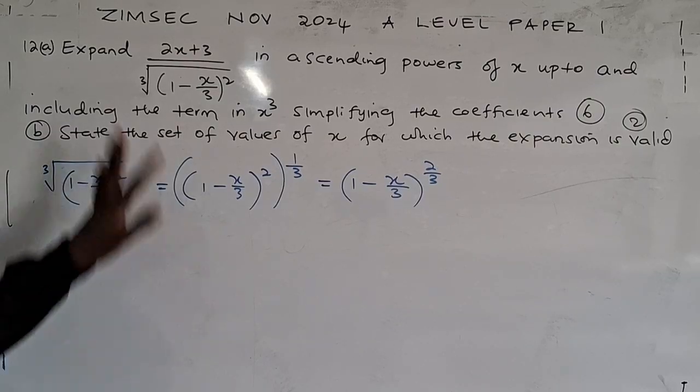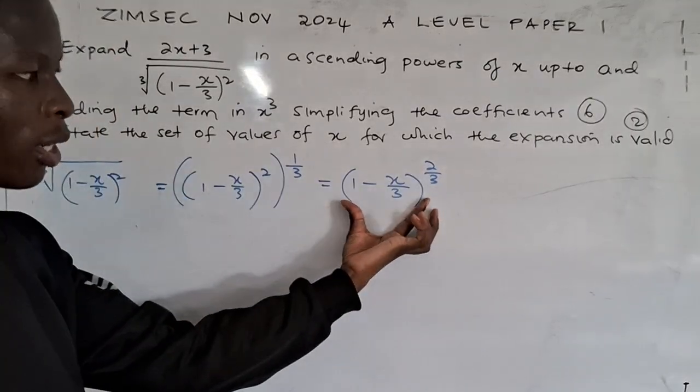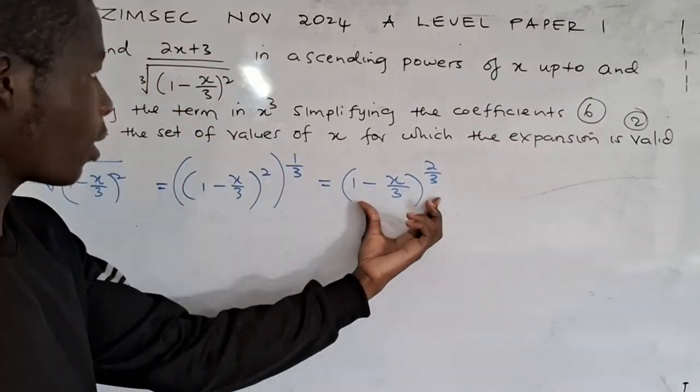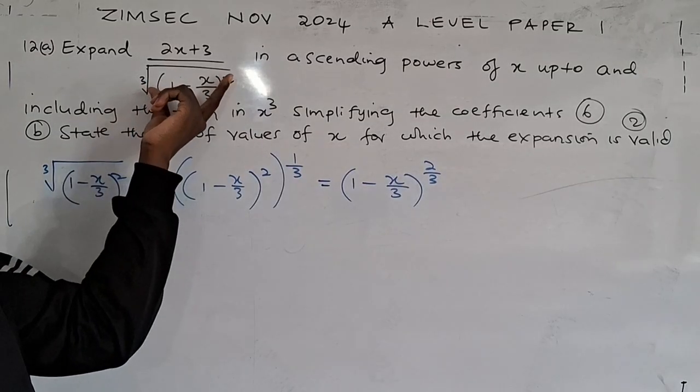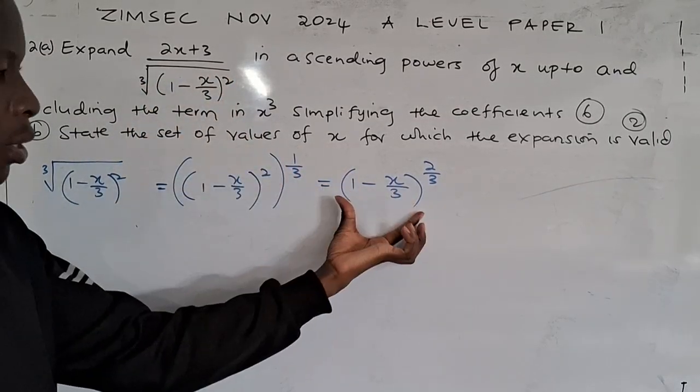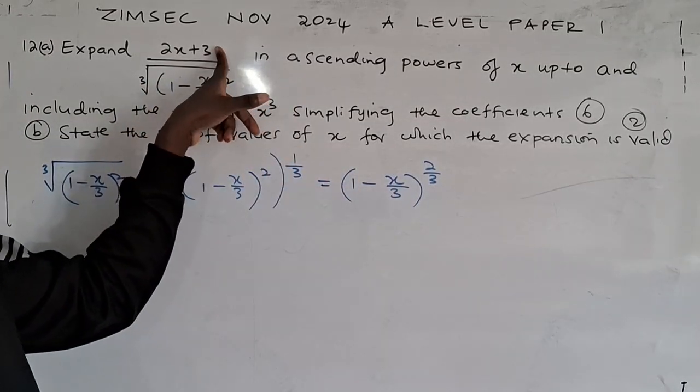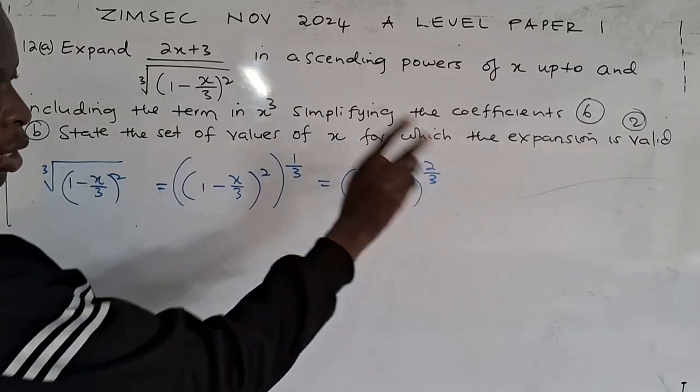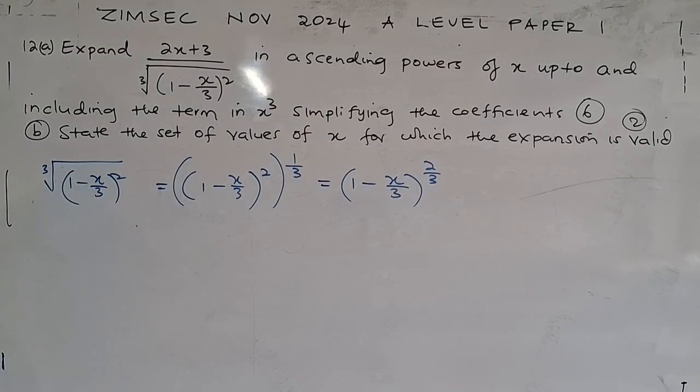The other thing that we are supposed to know is this. This is in the denominator, right? So if I want this denominator multiplied by this, it means to the power negative 2/3.